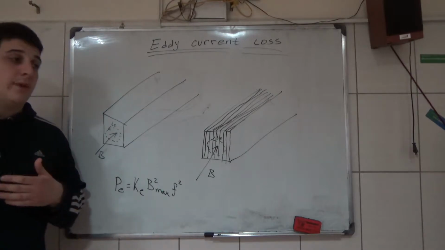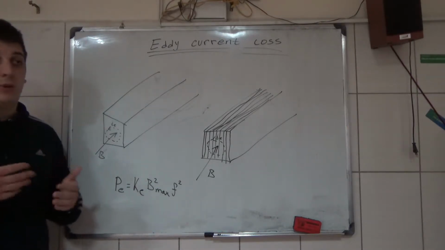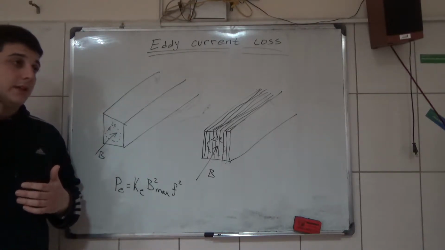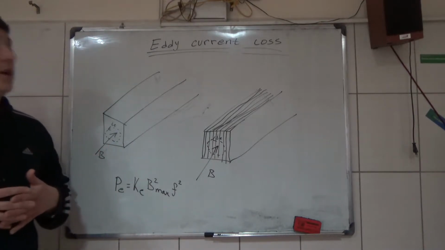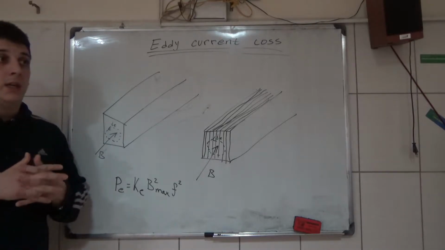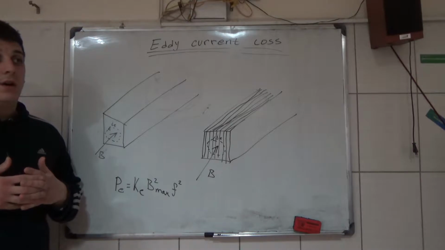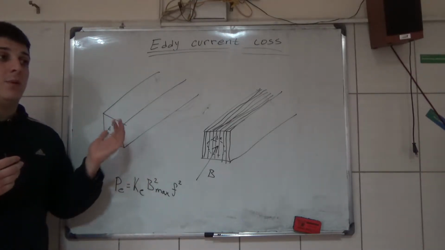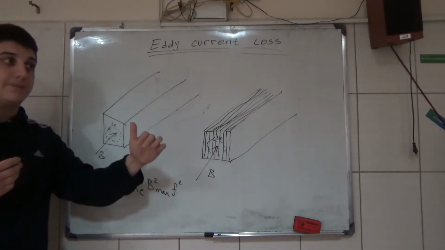If you didn't watch my previous two videos, I would advise you to watch all my videos in these lectures. You can see the link to my playlist in the video description. Hysteresis loss is one core loss in the magnetic circuit.